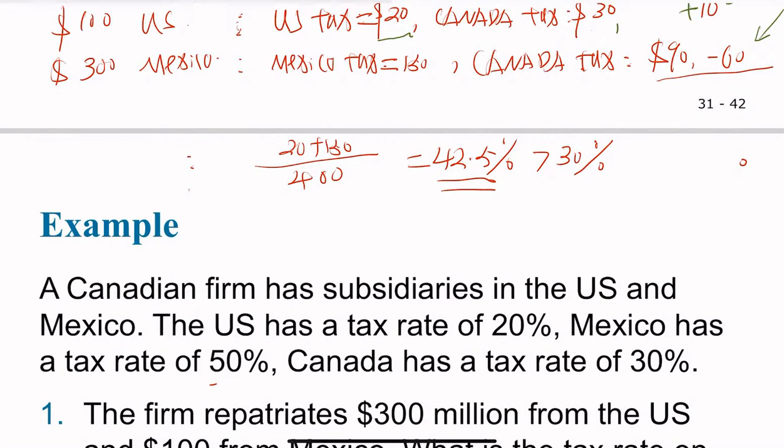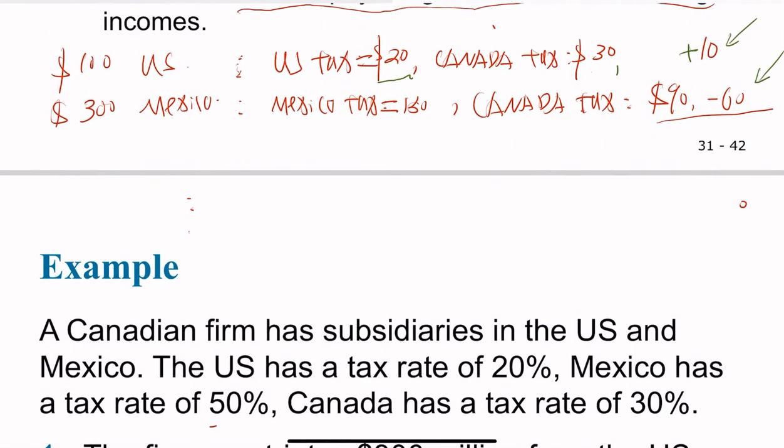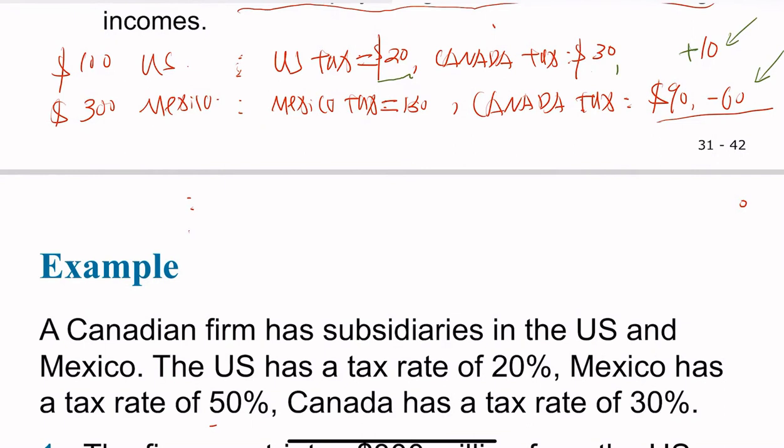And of course, instead of calculating tax credit for each income from each country, you can again pool together foreign income, right? So if you pool together foreign income, you can see that again, the total income would be the same, right? It's again $400 million.